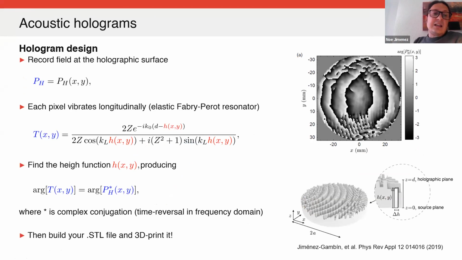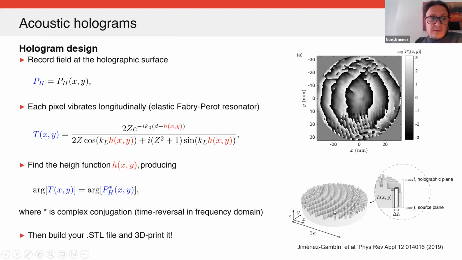So we need to translate this phase and amplitude information, encoding that into a hologram, into a lens. And we do that by matching the phase of the transmission of an elastic fabric resonator to the phase conjugated phase of the holographic recorded field.